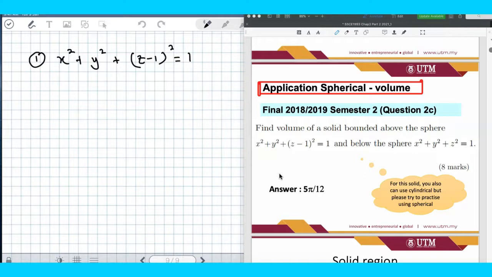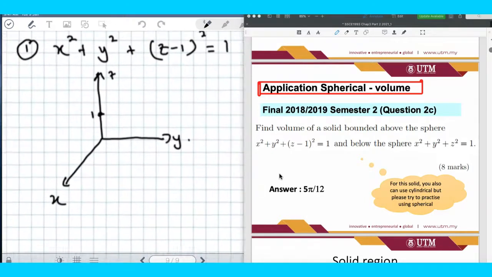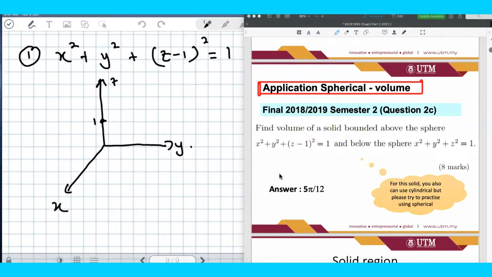So you can directly sketch it. This is 1, so x, y, z is 0, 0, 1, and that is your center, the new center.